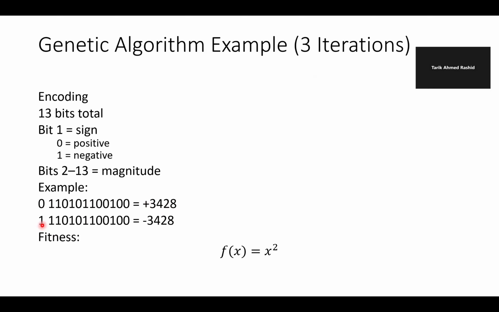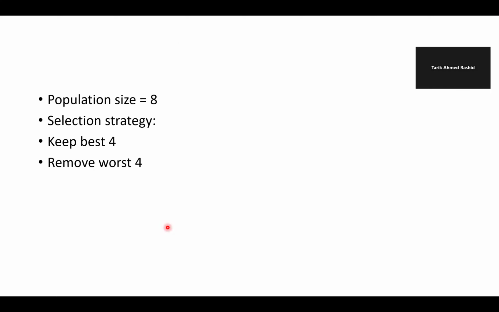So here the sign is negative, minus, that's the one there, the first bit. The rest, 12 bits, are the digits, representing 3,428. So that's x squared.